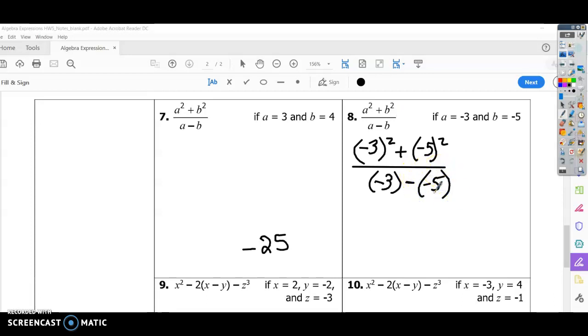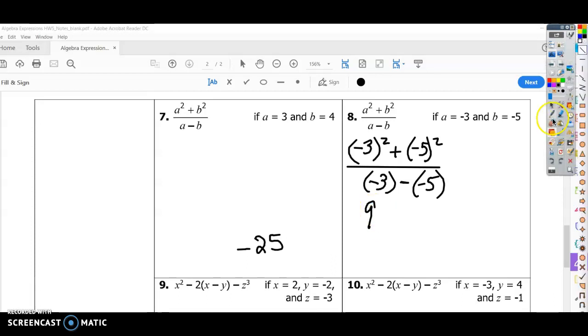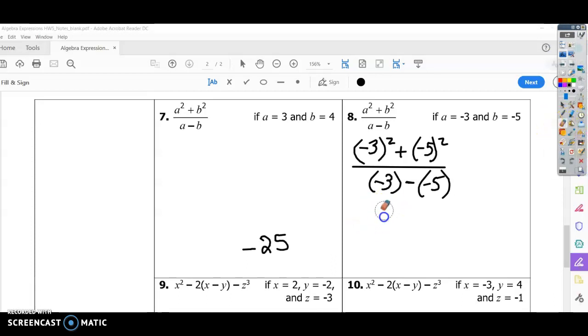All right, order of operations. Again, we're going to do parentheses first, so negative 3 squared is 9. Let me write that a little bit better. All right, 9. And then plus 5 squared is 25. So we're just simplifying within this expression until we get it completely simplified.